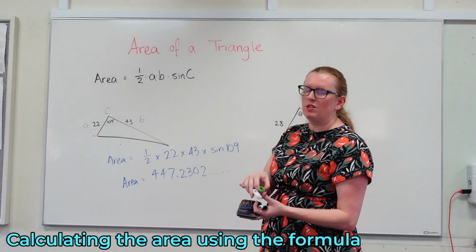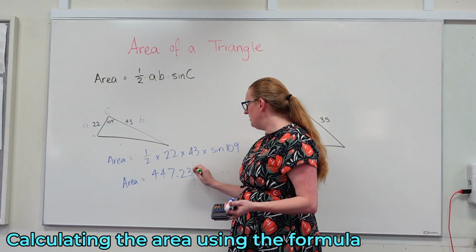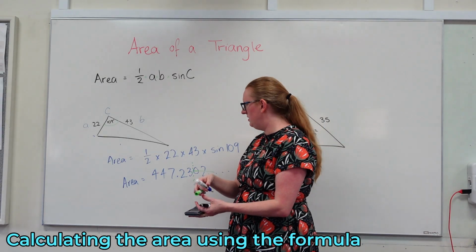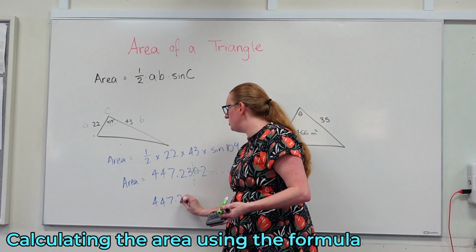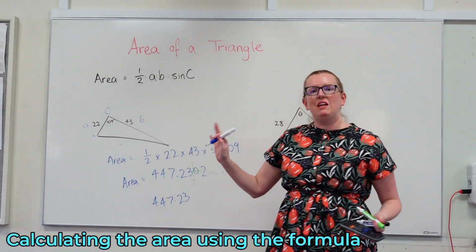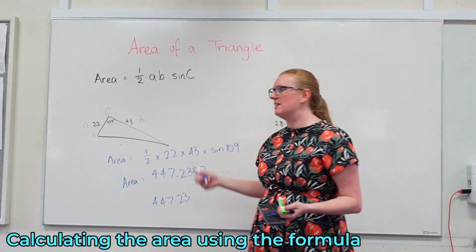I like rounding to two decimal places unless the question says otherwise. So in this case, those digits drop off. So it would just be 447.23.